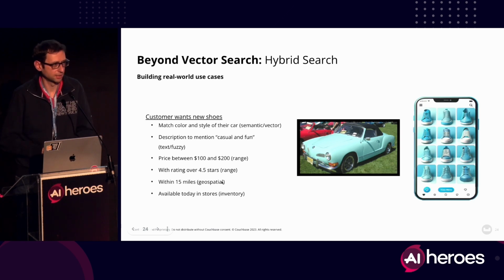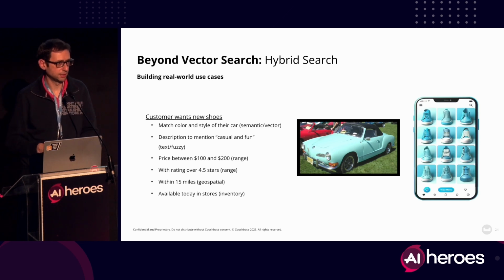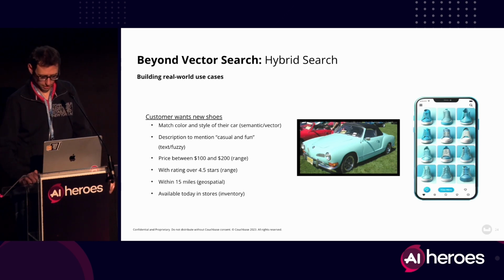So classic query predicates: I want a price in a certain range, I want ratings in a certain range. So it's very easy to combine different types of queries and develop a very interesting application based on that.